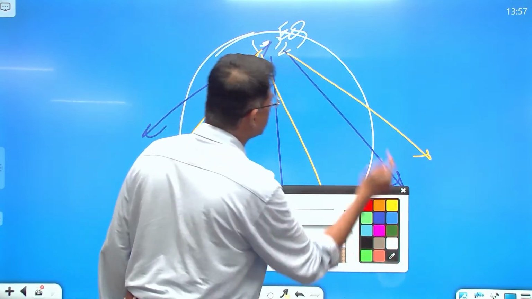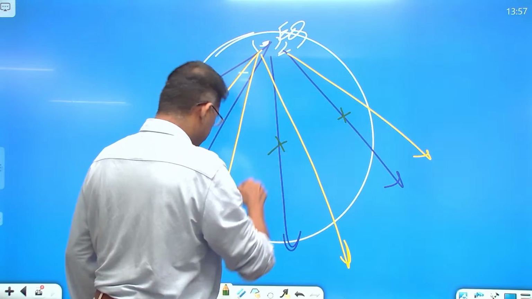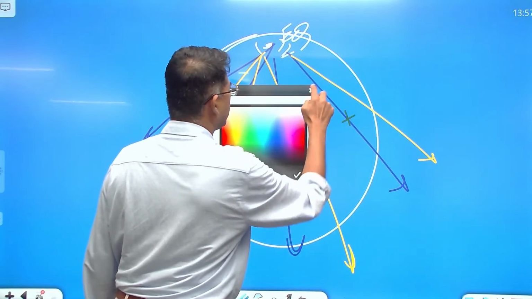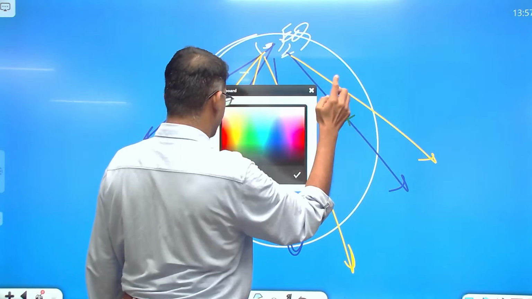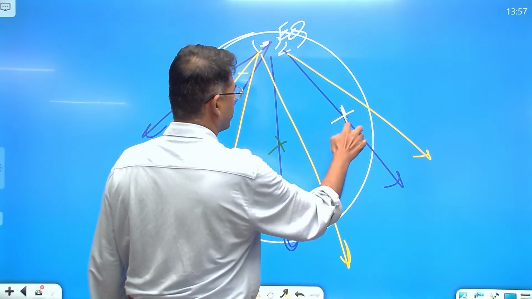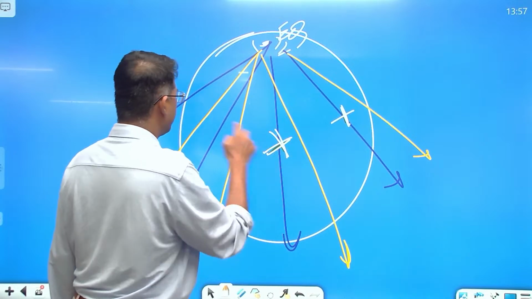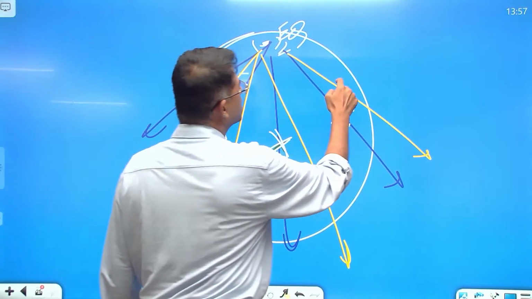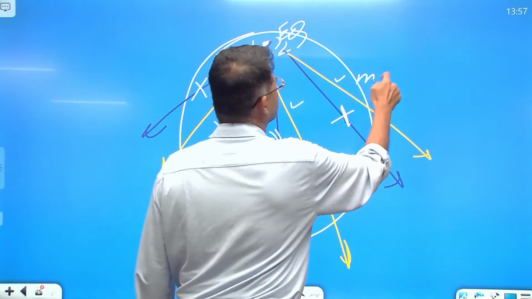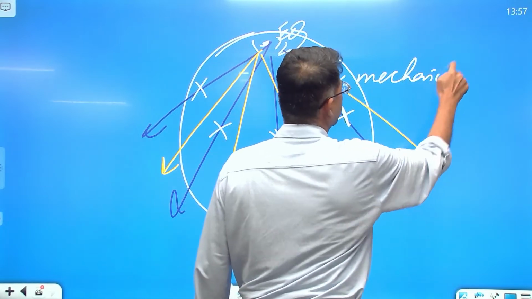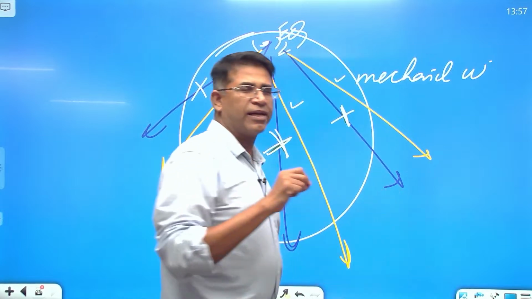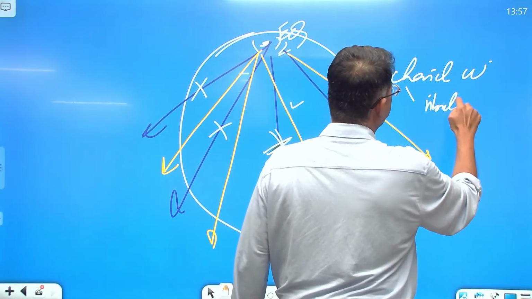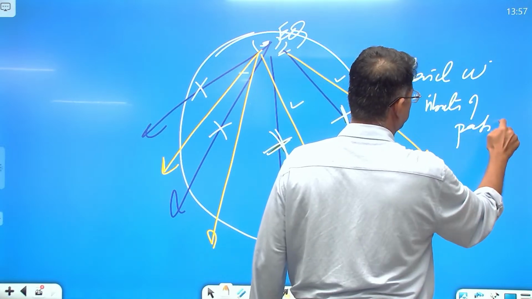Radiation energy I ignore because radiation energy does not require a medium. It can move independent of the medium, without the medium. But the energy which are the mechanical waves, this includes vibration of the particles.